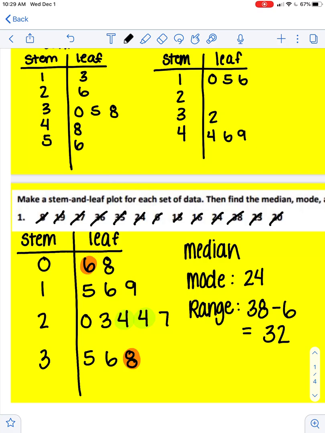And then my median, that is where I'm going to just start crossing things off until I get to the middle. So I'm going to start with 1 at the top, 1 at the bottom, and just kind of follow that pattern until I get to the middle.